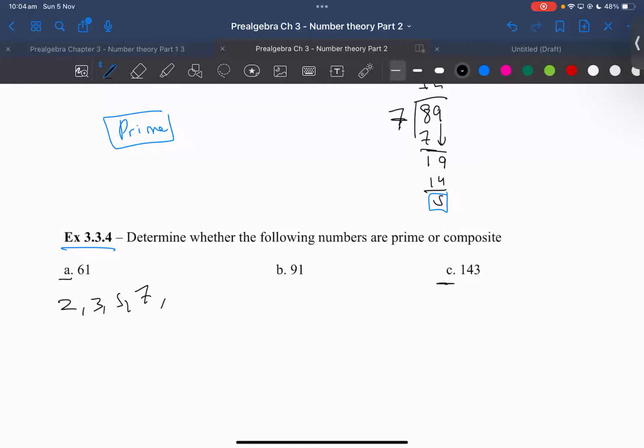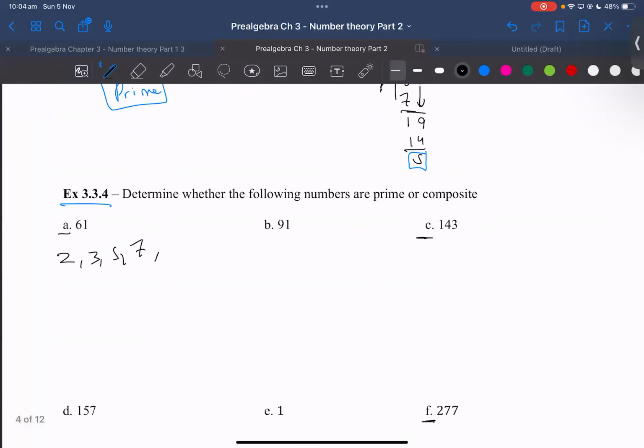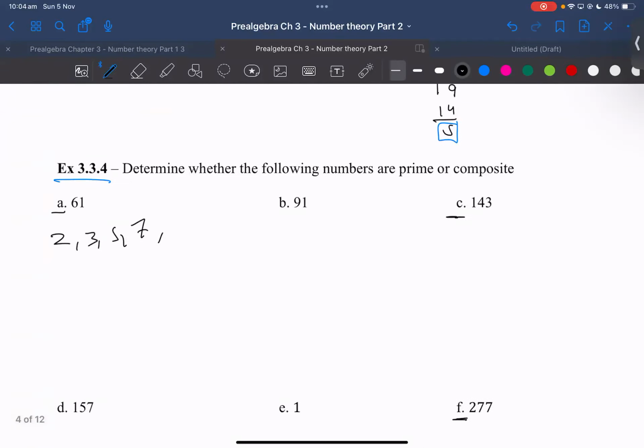So that's the reason. You only need to check whether it's divisible by all 4 of these numbers. If any of them work, it's not prime. If none of them are divisible, then it's prime.